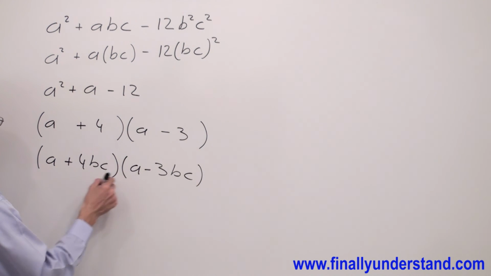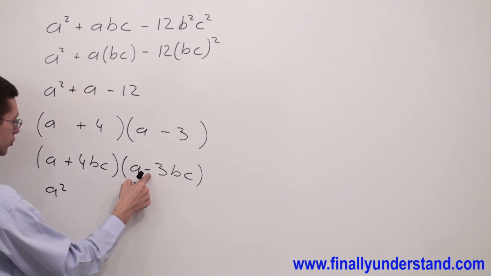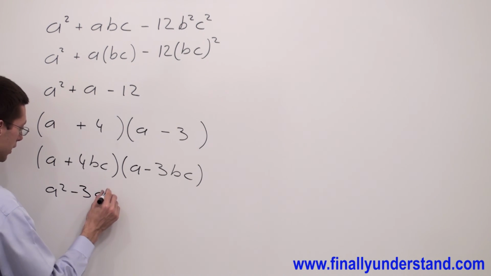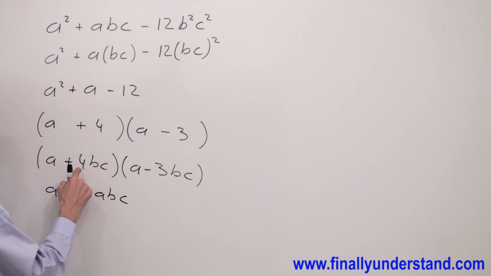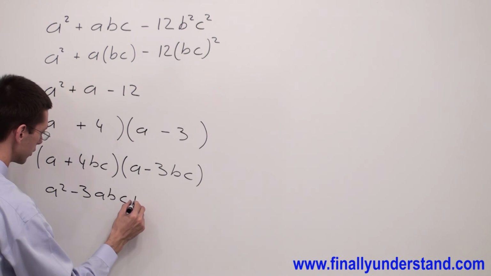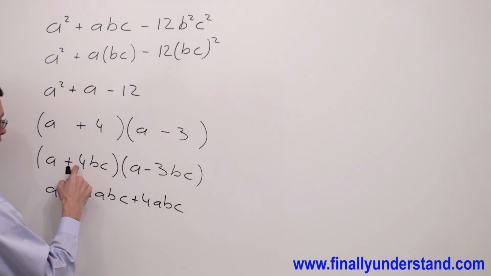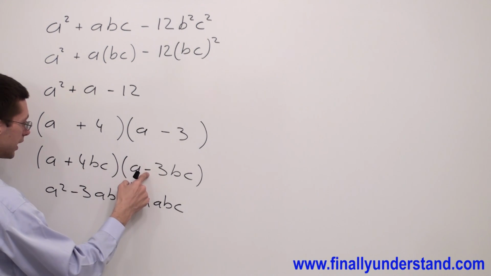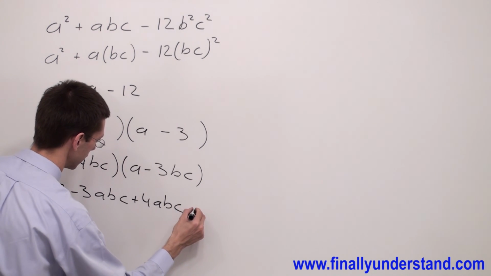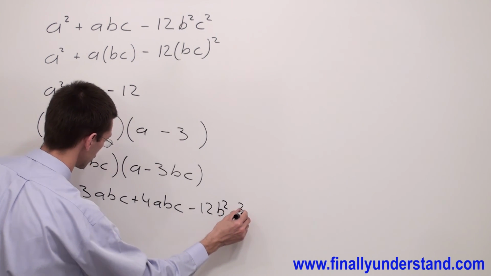a times a gives me a squared. a times negative 3bc is negative 3abc. 4bc times a is 4abc. 4bc times negative 3bc is negative 12b squared c squared.